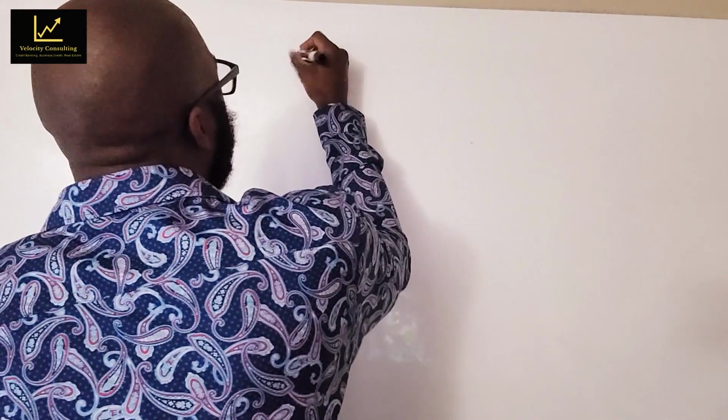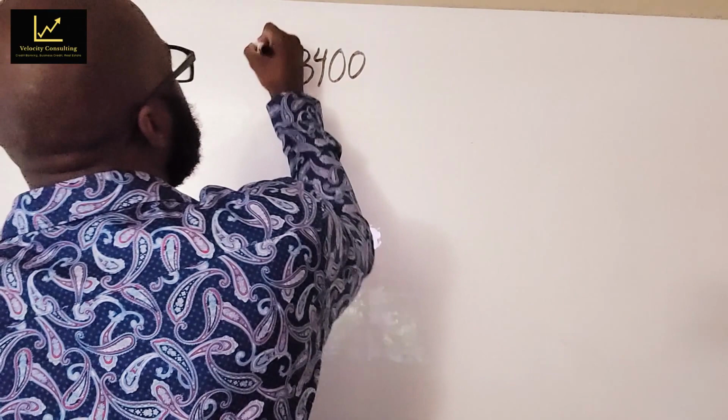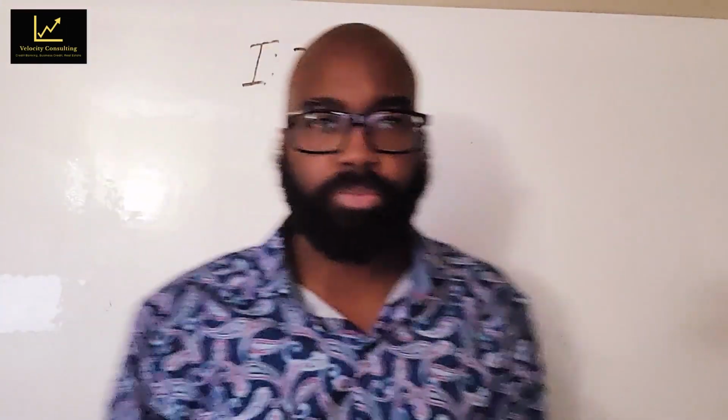So we want to build in an oops factor and have that conservative amount. So for the income, anytime there's a range, you're not going to go for the high range. You're going to go for the 3,400. All right? So $3,400 is the income, abbreviated by I.